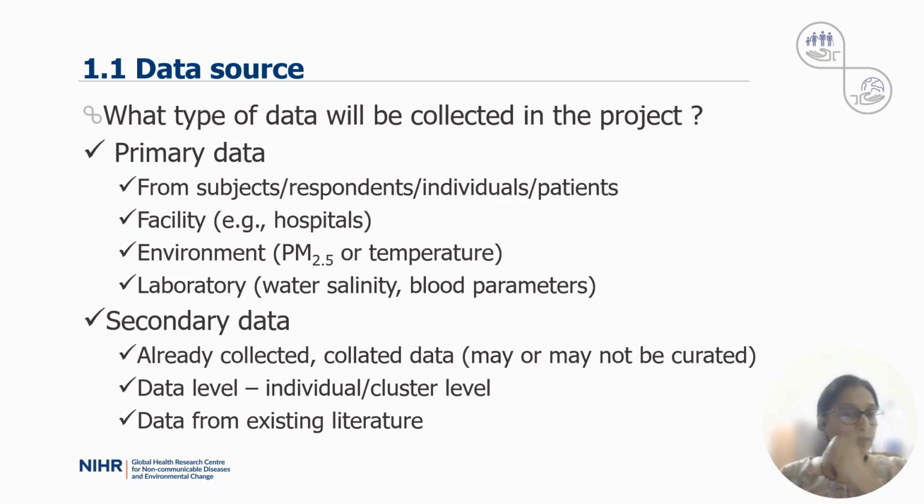For example, if you're interested in understanding the literacy level of individuals, then you might have data providing information about the literacy level of a particular individual, or you might get an aggregate, a proportion of people who are literate in a particular cluster. So data from existing literature, typically as in systematic reviews, could also be a type of data which you might utilize in your research project.